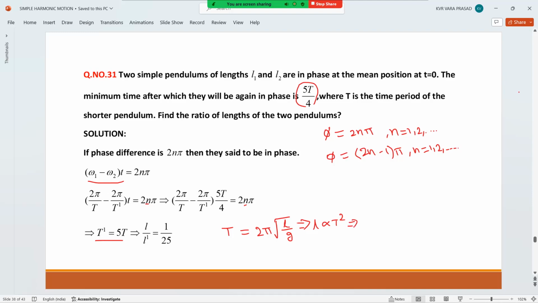That means we can write L1 by L2 is equal to T1 square by T2 square. Then we get the answer: L by L dash equal to 1 by 25. That means we have taken the ratio of the shorter pendulum to the longer pendulum. Okay, see the next problem.